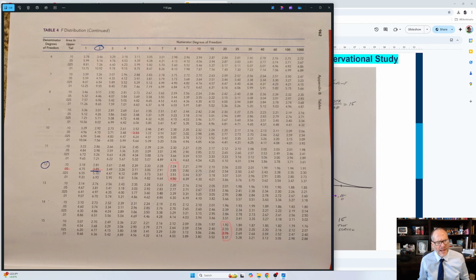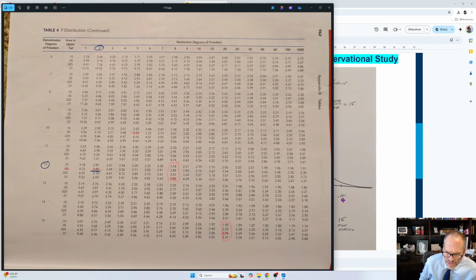But anyhow, with our F statistic of 15, because we're at denominator degrees of freedom 15, numerator degrees of freedom 2, we're at these numbers here. We have 2, 3, 4, 6. 15 is going to be way out here. So it's going to be between 0.01 and 0.